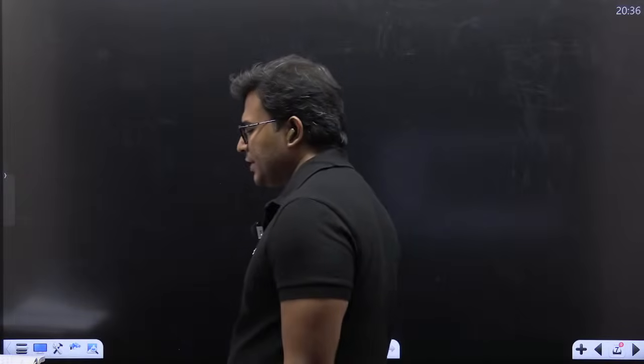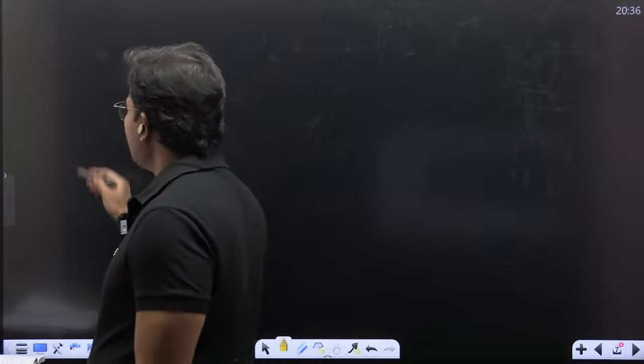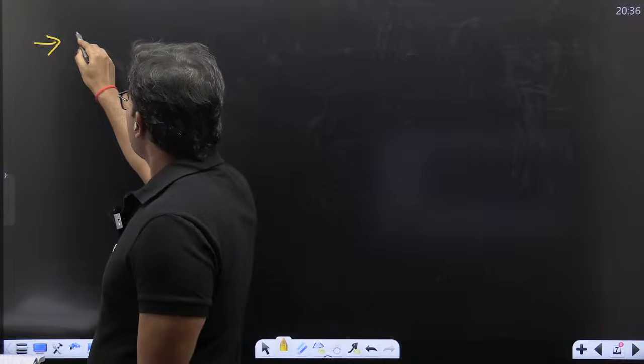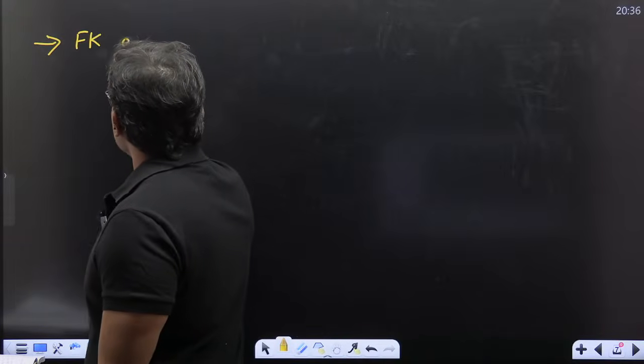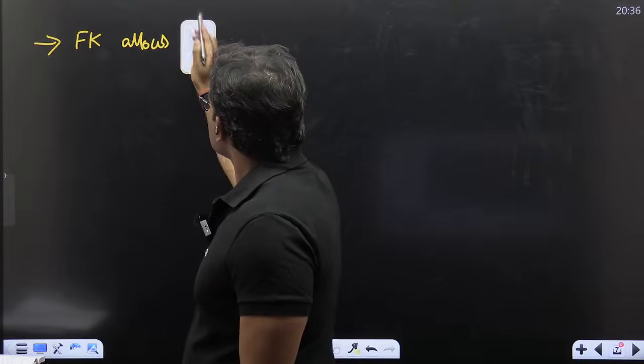Foreign key allows null values. Referencing relation record whose foreign key is null is not related to. Let me write them down so that you will also know what to write, otherwise you will get confused. Foreign key allows null values.